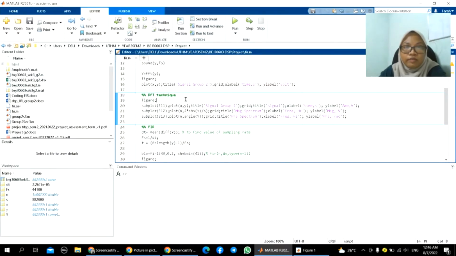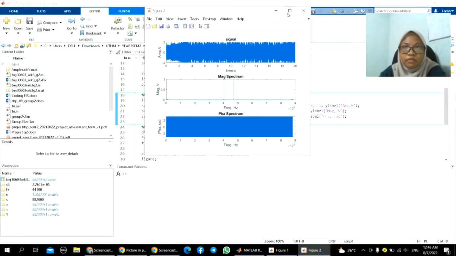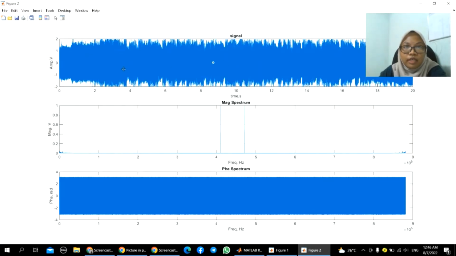Next is for the DFT technique. As you can see, for the DFT technique, the signal is still compact.